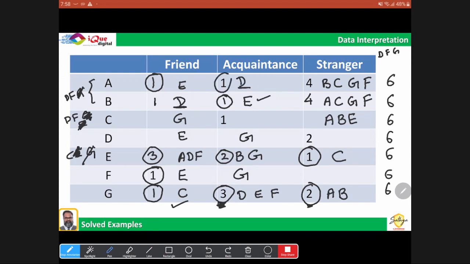Got this part? So if A and F are strangers, F and A are strangers. If B and F are strangers, then F and B are strangers.